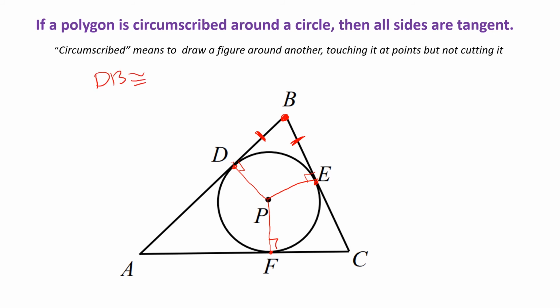And also AD and AF are congruent, and then also EC and FC. All right, and so now we can use the knowledge of this property to work out some problems. So let's try some.